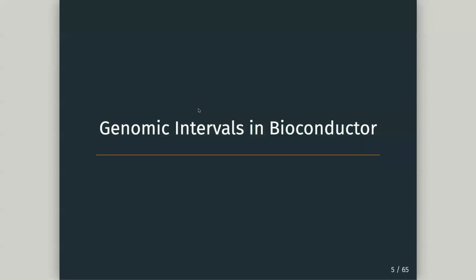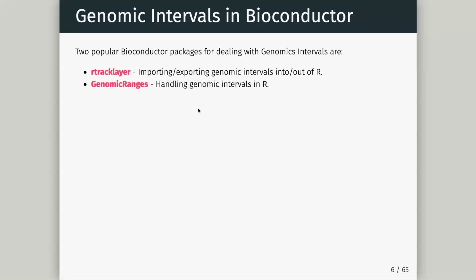So to get started with genomic intervals in Bioconductor, we can first be aware of the two packages which are going to allow us to do this. That is the GenomicRanges package, which has all the operations we need to handle these genomic intervals. That's create new genomic intervals, overlap genomic intervals, find the nearest. All that's going to be in GenomicRanges. rtracklayer is our I/O tool, the input-output tool for these types of genomic data.